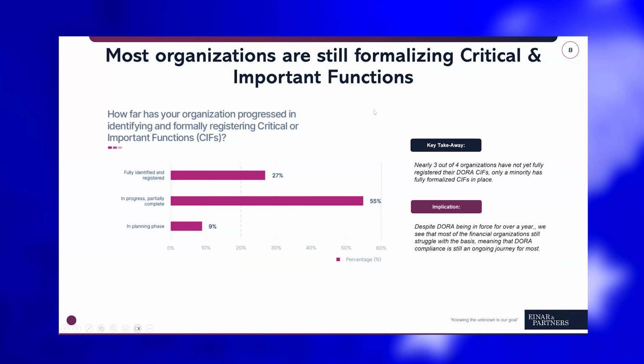Well, if we look at most organizations, people may believe that critical functions and important functions, also known as CIFs, that everyone is there, but that's actually not the case.